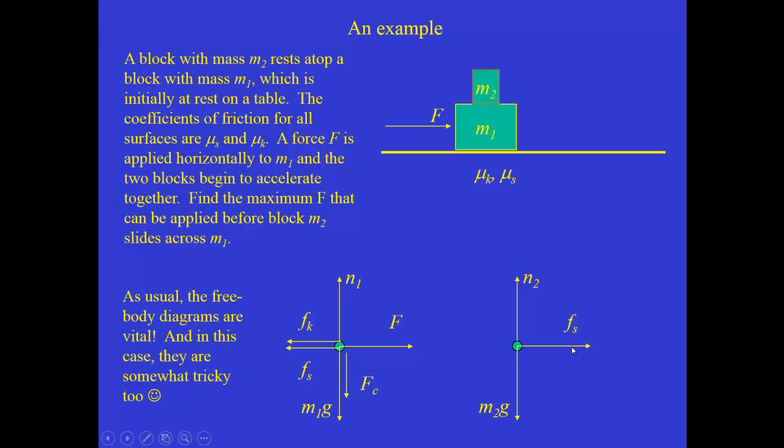And I also know that Fs has to point to the right because M1 and M2 are accelerating together, right? So M2 has to experience a net force to the right anyway in order for it to be able to accelerate to the right. So once I have that arrow in place on the M2 diagram, I then realize by Newton's third law there's got to be another arrow acting on M1 that's equal but opposite to this one.